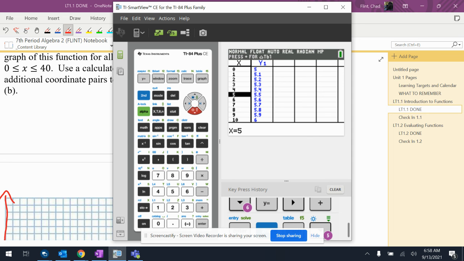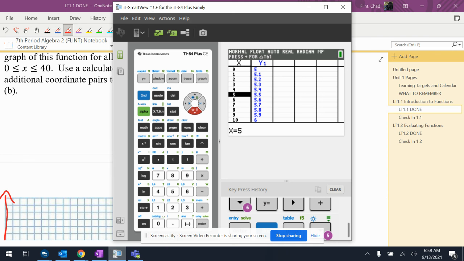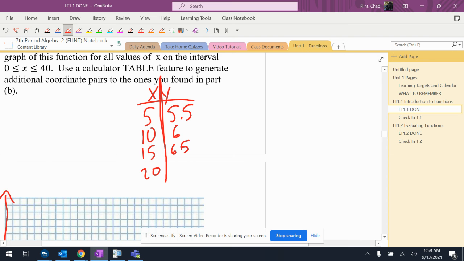All right, so 5 is going to cost me 5.5. I knew that I had the wrong answer there. 10, 15, 20. I'm just going to get those right there, and then I'm going to be able to infer the rest. So 10 is 6. I'm guessing 15 is 6.5. 20 is 7, and they're going to keep going up by 0.5.